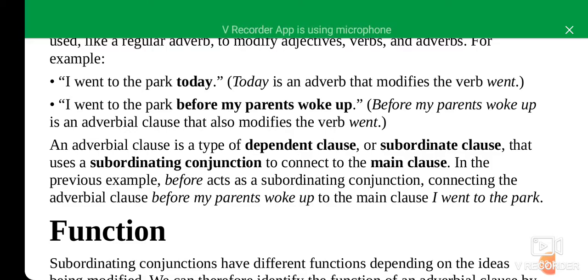In the previous example, before is a subordinating conjunction connecting the adverbial clause before my parents woke up to the main clause, I went to the park.